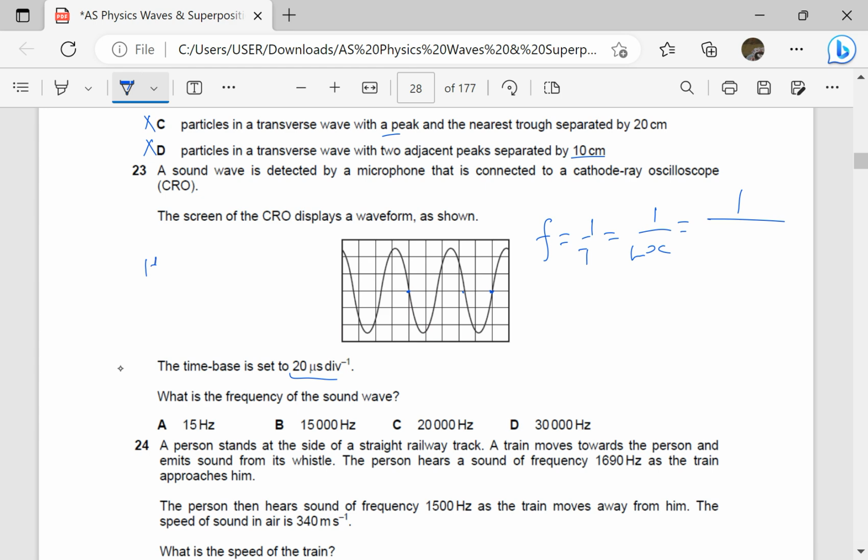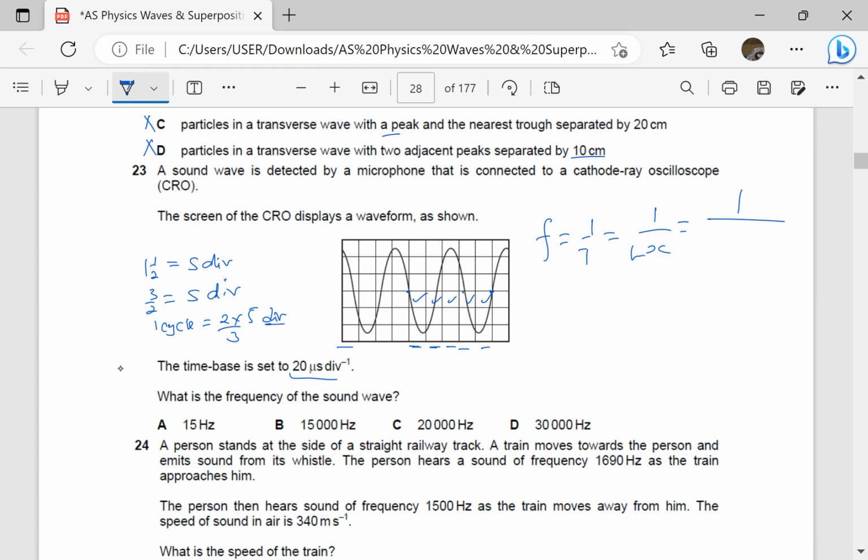So 1.5 cycles correspond to 5 divisions: 1, 2, 3, 4, 5 divisions. So 1 cycle, remember 1.5 is 3 over 2, equals 5 divisions. So 1 cycle is going to be 2 times 5 divided by 3 divisions.